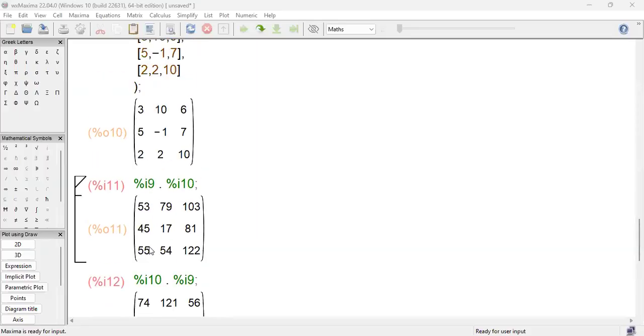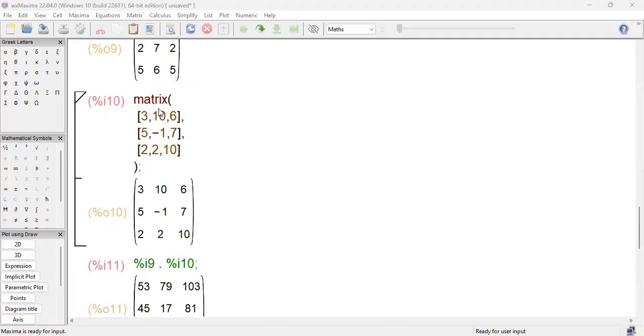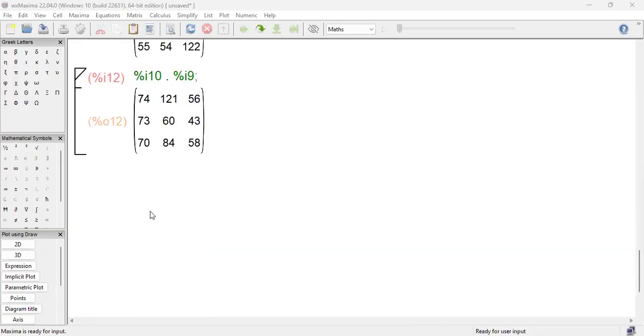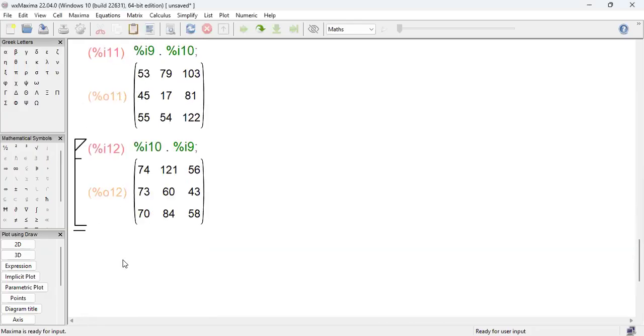Can you see matrix, open brackets, close brackets? That is how you input a matrix in Maxima, and this is the output. Let me see if this is going to work. A to be the matrix.